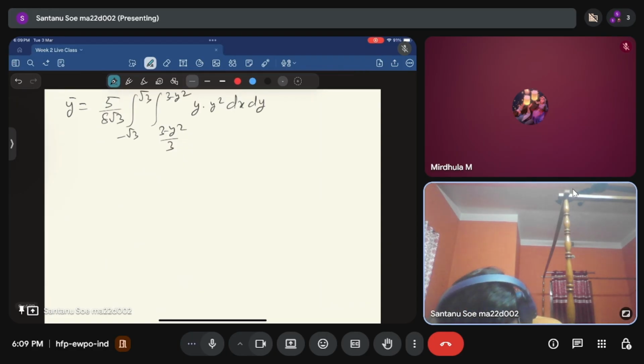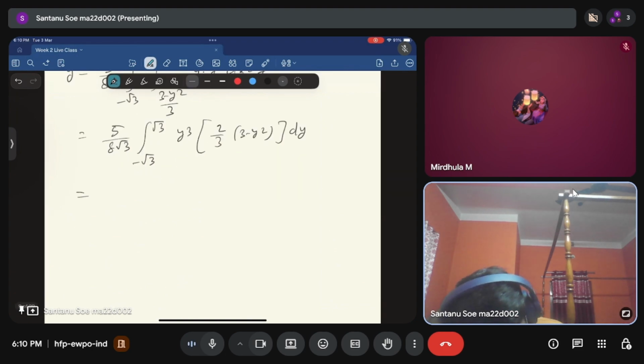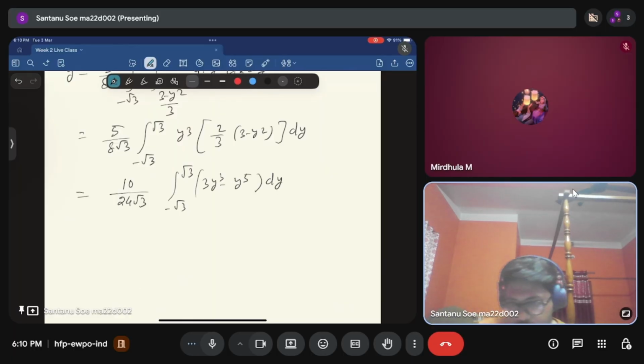Okay, so this is going to be again 5 divided by 8 root 3, minus root 3 to root 3. So this is y cube times 2 by 3, (3 minus y square) dy. Okay, so this is going to be 10 divided by 24 root 3, and then minus root 3 to root 3, 3y cube minus y to the power 5 dy.